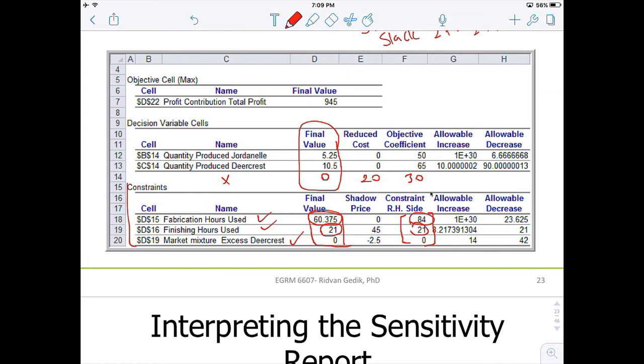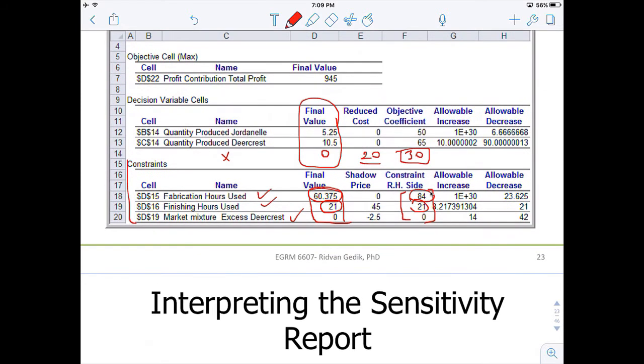And the reduced cost is 20, meaning that the objective function coefficient of 30 right now is not a profitable option for this model X. So if the net profit value for model X would be 30 plus 20, that makes 50, right? If the net profit for model X becomes 50, then the model would consider producing model X, okay?